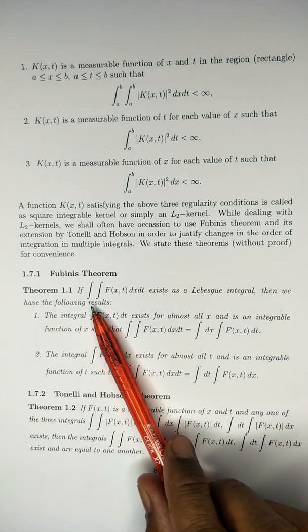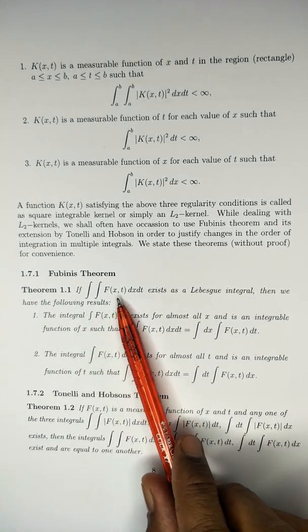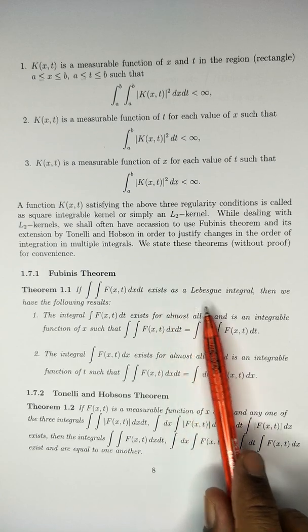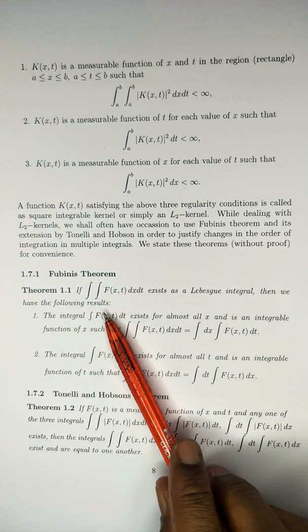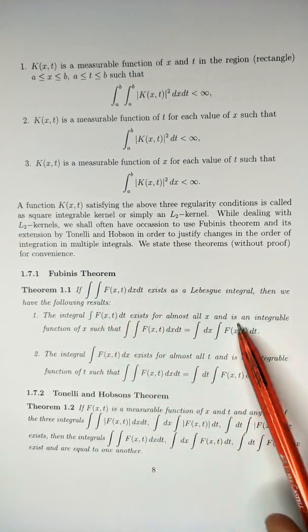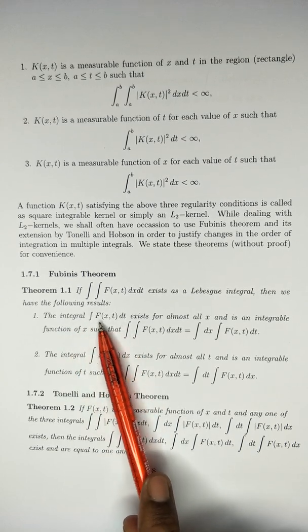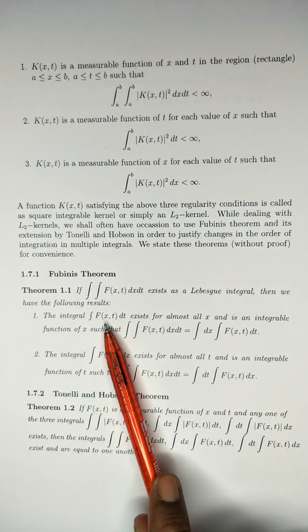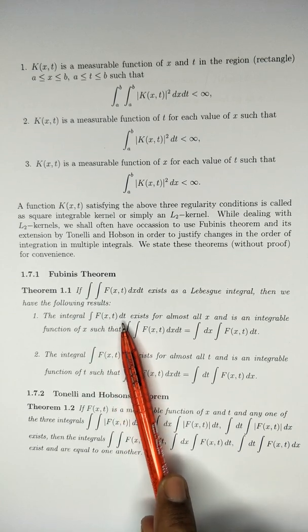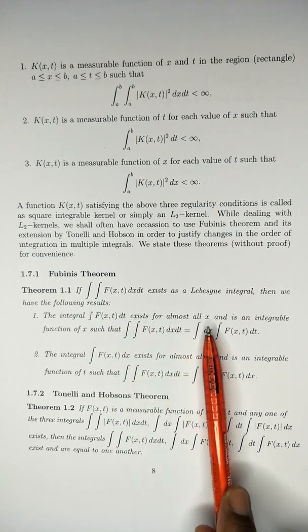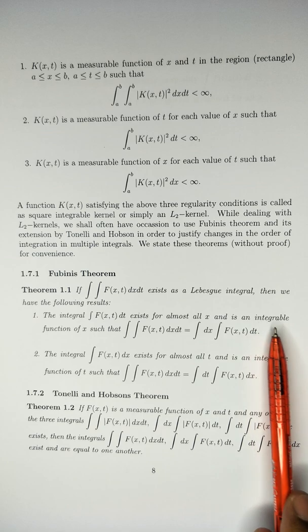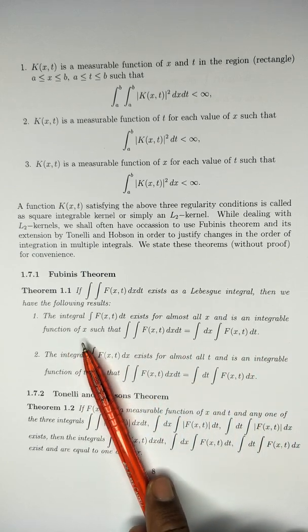If the double integral of f dx dt exists as a Lebesgue integral, then we have the following result. The single integral of f(x,t), integrated with respect to t, exists for almost all x and is an integrable function of x.